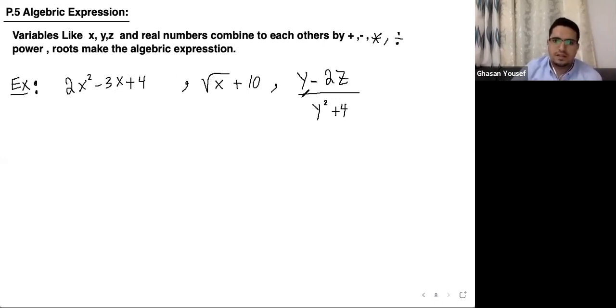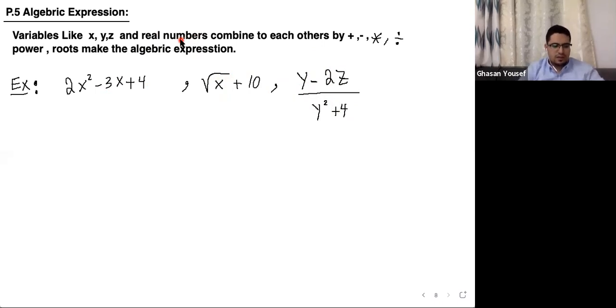For the third one, I have variables y and z, numbers 2 and 4, the operations minus and addition, and the division between the numerator and the denominator. So all these three are examples of algebraic expressions. So we get just an idea of the meaning of algebraic expression.